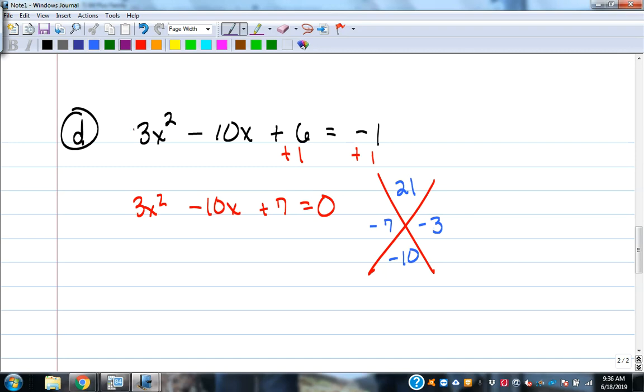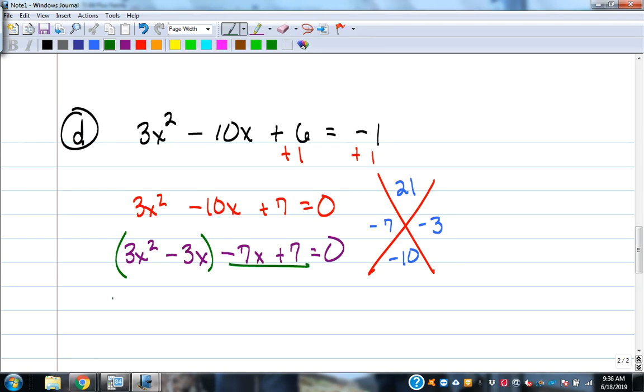So when I put that in the middle here to do my grouping, I'm going to put the -3 first and then the -7 second, because it makes it really easy to do the GCFs when you do it that way. Technically, it works either way, but I'm just trying to make it easy on myself. Okay. So then I'm going to group the first 2 together, second 2 together.